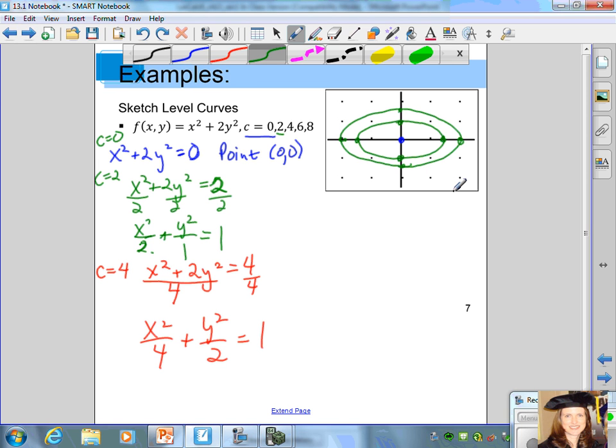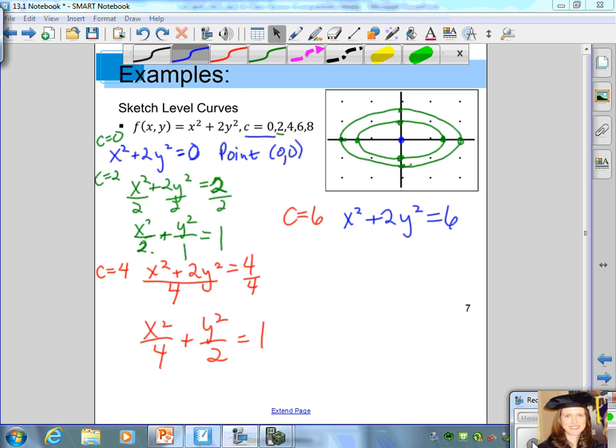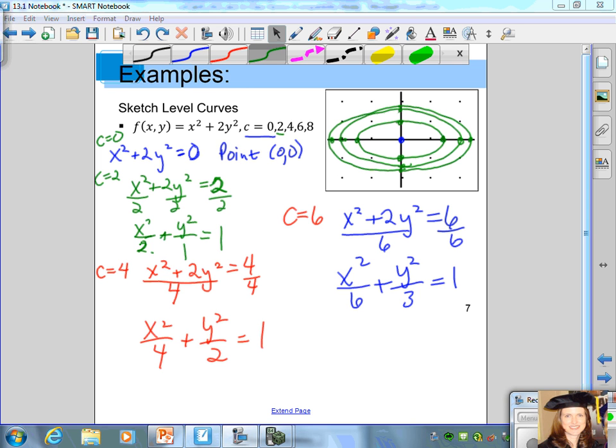You can do the same thing for c equals 6 and c equals 8. For c equals 6, you're going to set the function equal to 6 and simplify and graph the result. So when you simplify this, you get the equation of the ellipse x squared over 6 plus y squared over 3 equals 1.